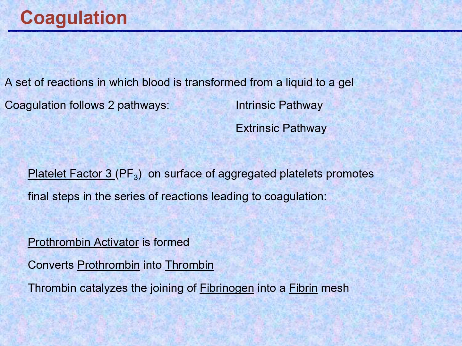I'm not going to talk about these here just yet, other than to say that on the surface of platelets that have stuck to collagen fibers, have aggregated and formed a platelet plug, you do get platelet factor 3 expression. The final common steps to both the intrinsic pathway and the extrinsic pathway involve factors called prothrombin activator, prothrombin changing into thrombin, fibrinogen changing to fibrin, but we'll talk about that in a minute.